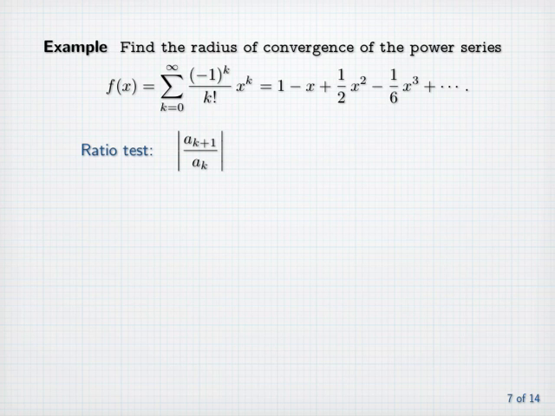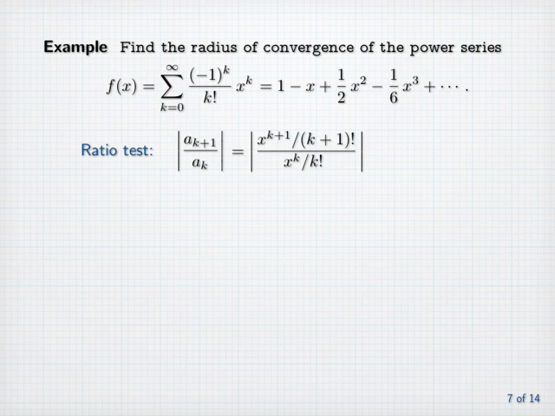The absolute value of the k plus first term divided by the kth term is equal to the absolute value of x to the k plus 1 over k plus 1 factorial, divided by x to the k over k factorial. Notice that we simply omit the minus 1 to the k here because we're taking absolute values.